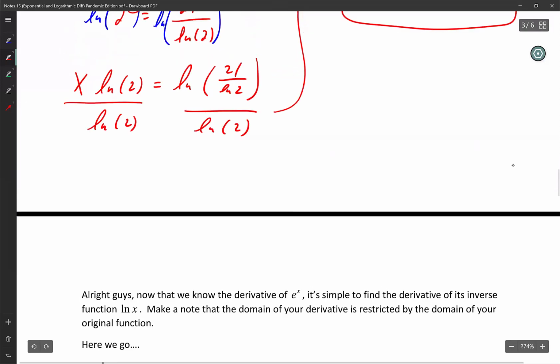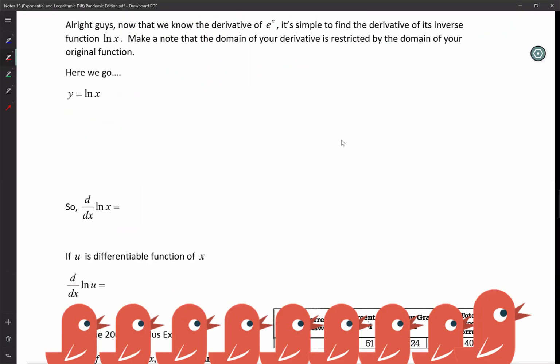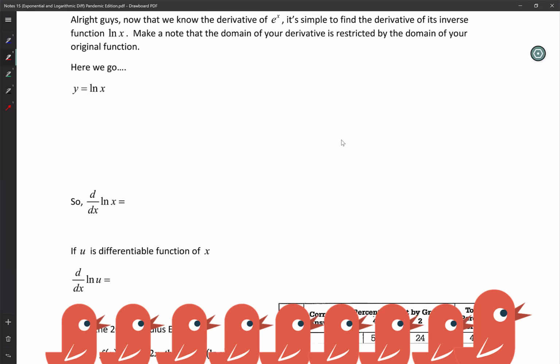Let's come back, guys. So I want to take the derivative of ln x. All I know is how to take the derivative of e to the x. So I know that ln and e are inverses of each other. So I'm going to put e and e here. So now I have e to the y equals x. And now I can take the derivative of this.